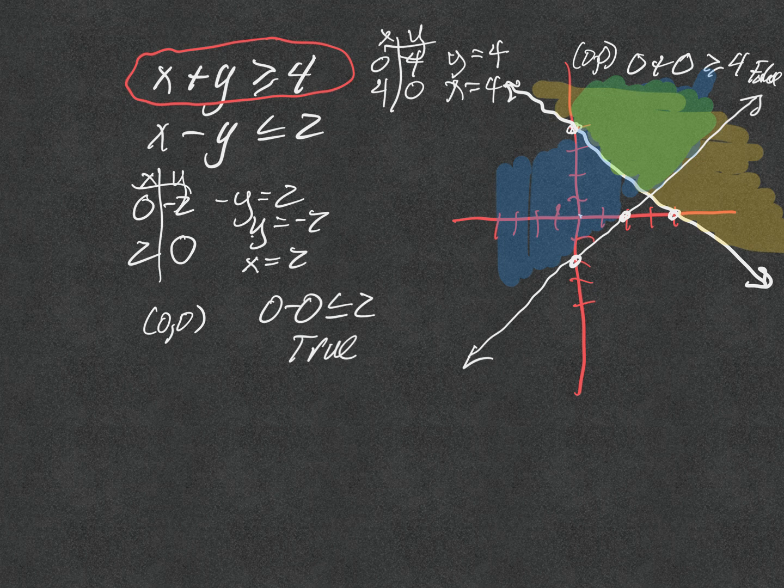I'm doing this electronically, so I can erase these portions. They're not part of the solution because they belong to only one line, but this area where they overlapped is the solution.